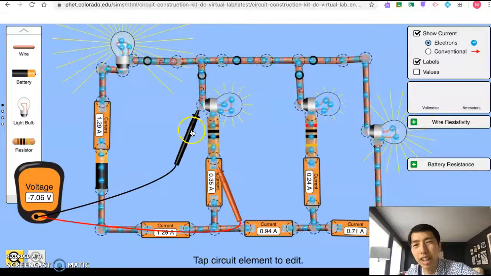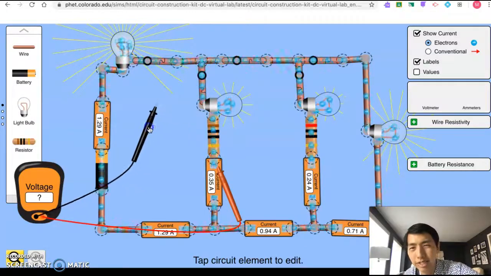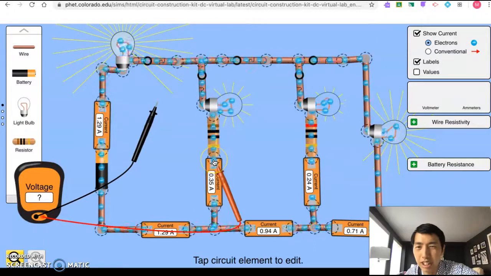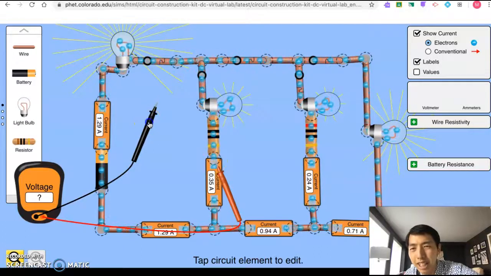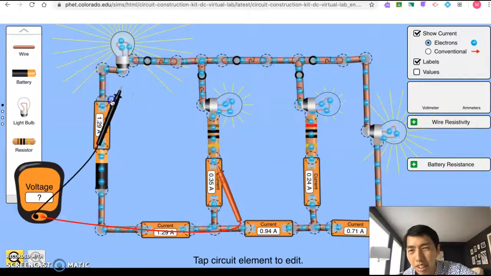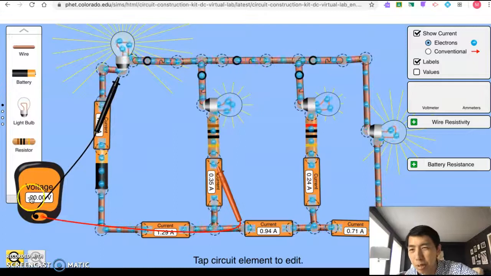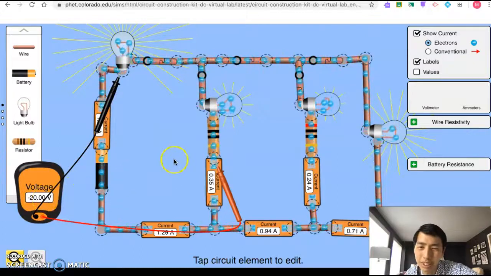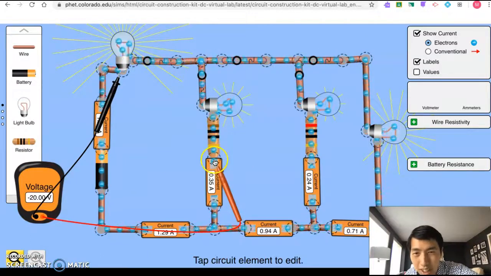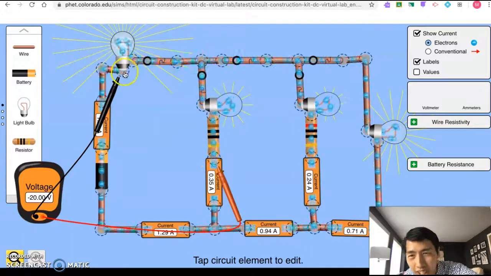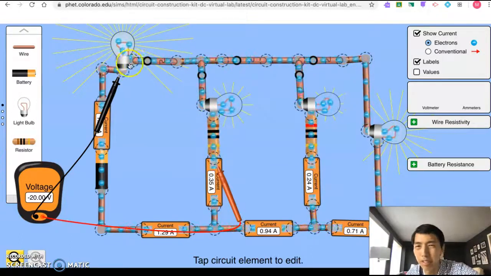And you know what? I can take my black needle. My red needle is right here at the beginning of the resistor. Now if I take my black needle and put it at the end of the other light bulb, it gives me negative 20. So it's measuring the voltage from here all the way to here. So it gets all three of them, and it adds up to negative 20.